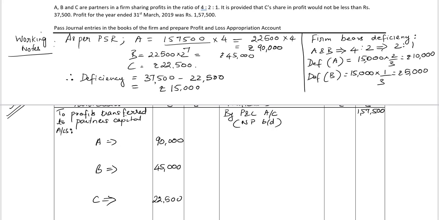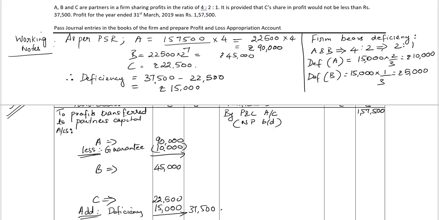The extra amount we need to give C, we'll add it to C, add deficiency rupees 15,000 and take 37,500 to the outer column, and less A's guarantee rupees 10,000.